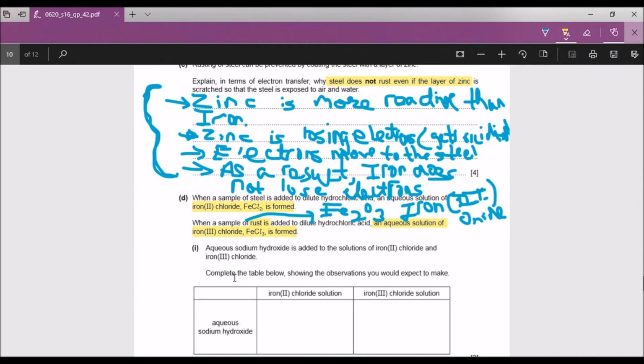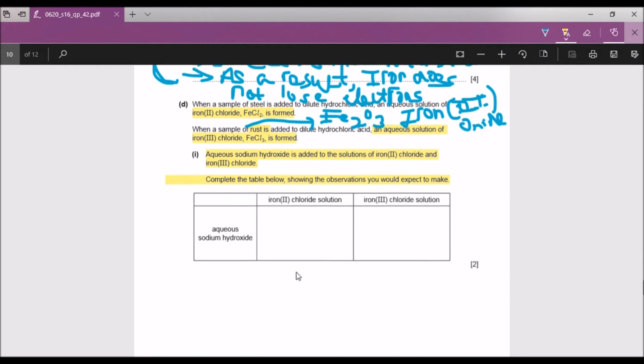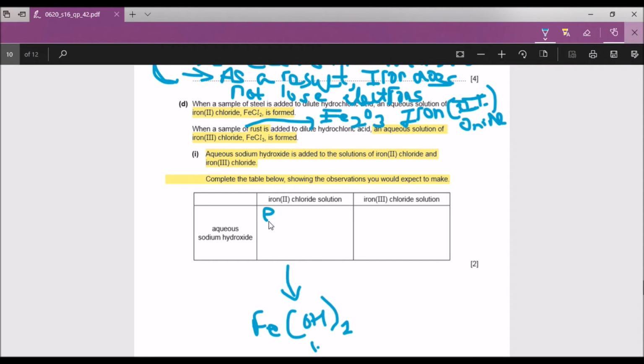Yep, so this is just qualitative data. This is something they generally ask in paper 6, but they can ask in paper 2. So basically, aqueous sodium hydroxide with iron 2 chloride. In this case, you get Fe(OH)2. This is iron 2 hydroxide, formed from iron 2 chloride and sodium hydroxide, which the color of it is basically green.